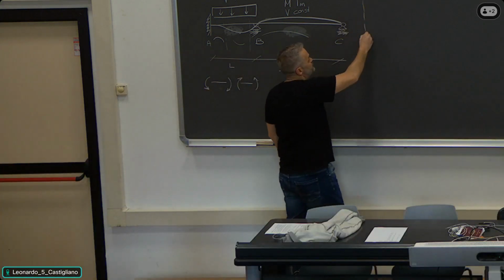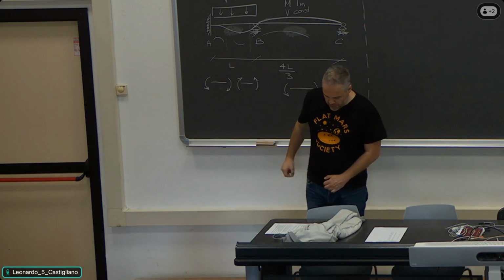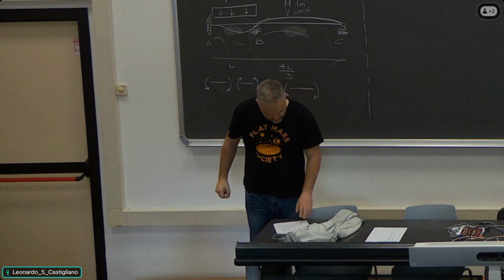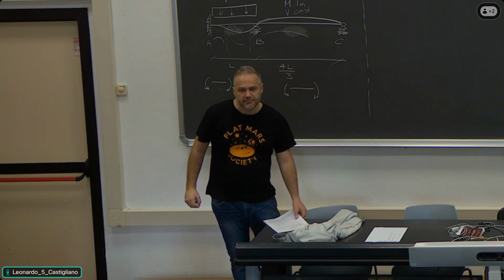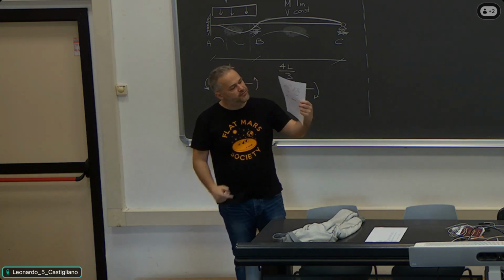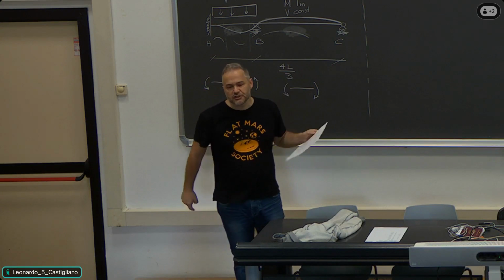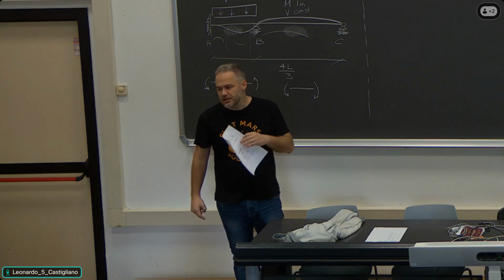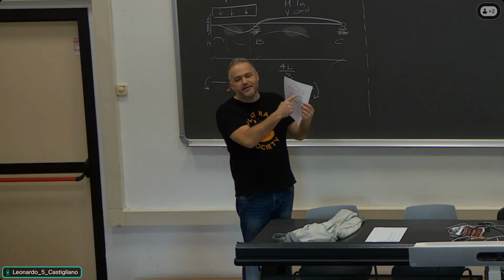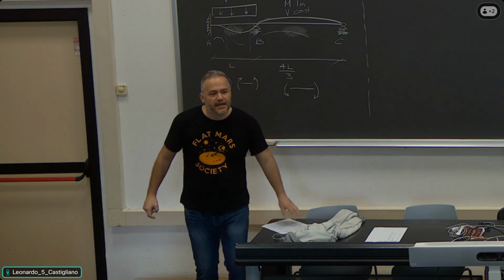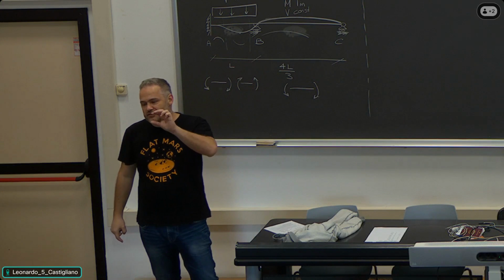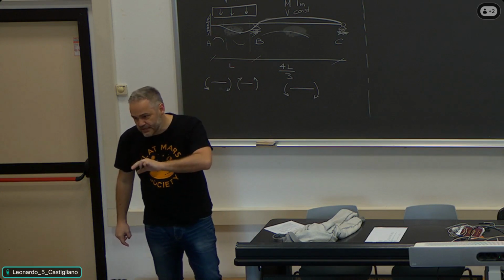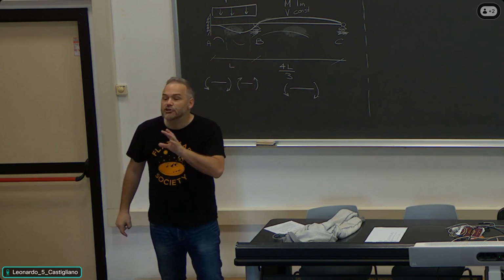Now, to the solution. First point says, solve the structure by means of the two standard coefficients at the back of the page. So at the back of the page you have two standard coefficients. What does standard coefficient mean? It makes reference to the standard case where the beam has a length which is L and the bending stiffness which is EJ. Okay? It may not be the case.